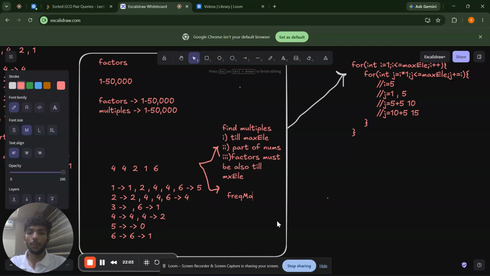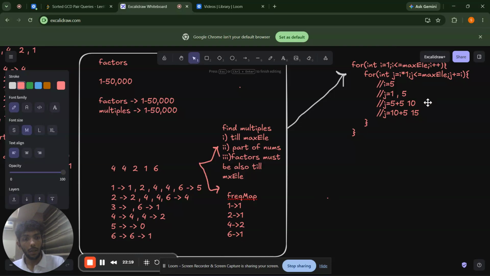A frequency map in which we will store which element occurs how many times. 1 is 1 time, 2 is also 1 time, 4 is 2 times, and 6 is 1 time.